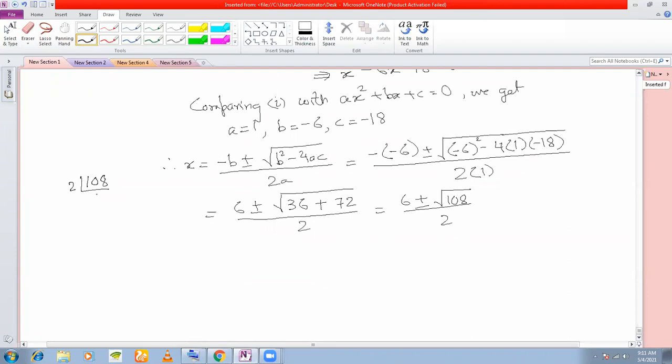So this becomes 54, becomes 27. Okay, so this becomes 6 plus or minus square root of 2 square into 3 square into 3, divided by 2.